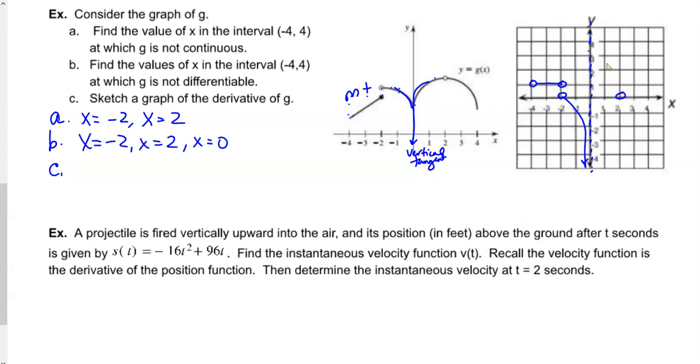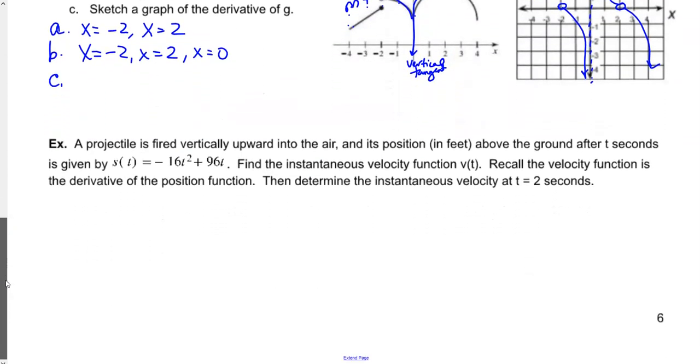So I need a positive that approaches and comes down to this 0. Then after that, I have negative slopes, so I have to be in the negative portion of my graph. So I'm just going to do something like this. Again, it is just a sketch. We don't know specifics, but that would be a good idea of what the derivative may look like. Okay? All right, very good.